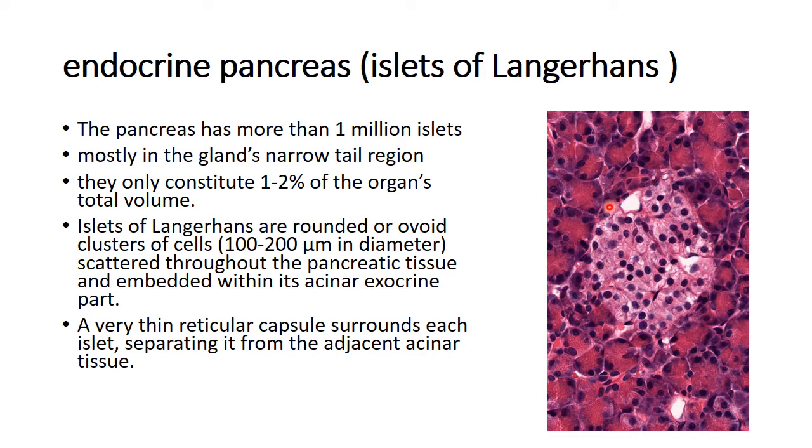Although it's not evident with the light microscope, with the electron microscope these cells have all the features of active polypeptide secreting cells. So they have a well-developed rough endoplasmic reticulum, a prominent Golgi, and very numerous secretory granules within the cytoplasm.